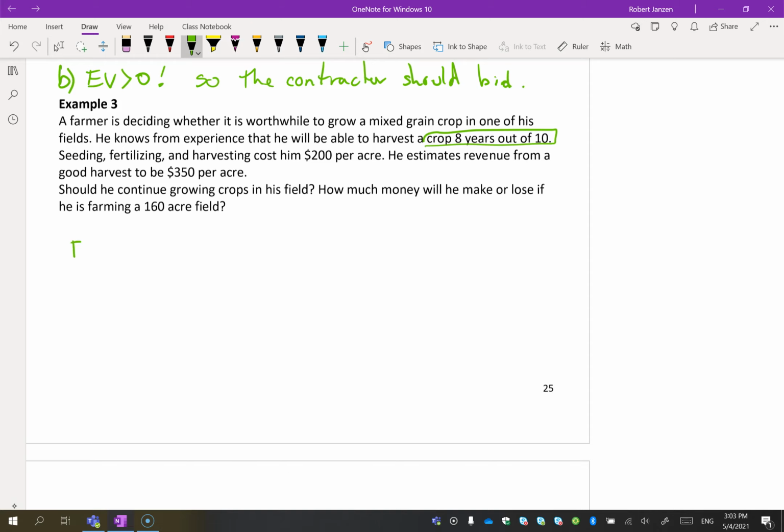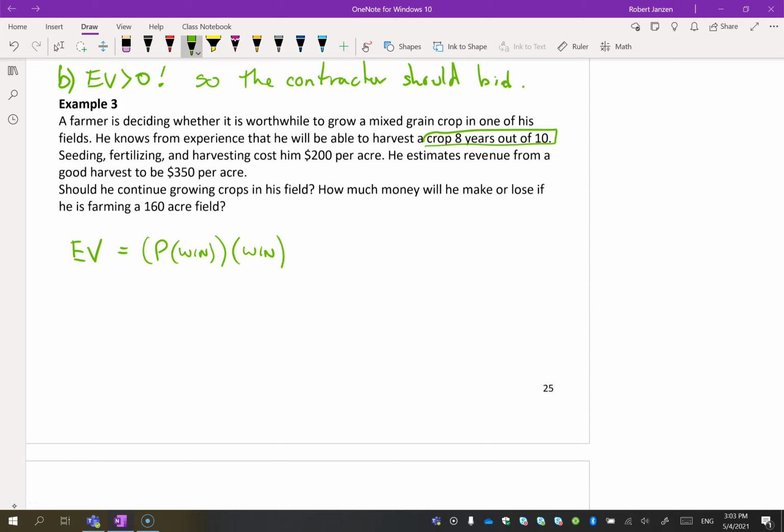So let's write out our formula. Expected value. This is the probability of win, but what is the win this time?